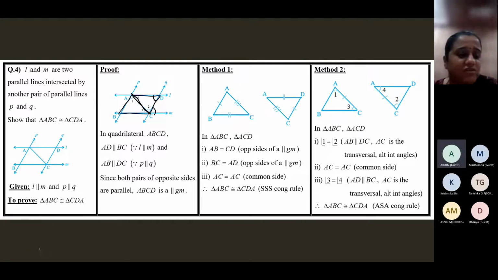Which are the three angles of this triangle? See here, these are the three angles of triangle ABC. And these are the three angles of triangle ACD. Now you have to say some angle of this triangle is equal to some angle of this triangle. This is outside the two triangles.